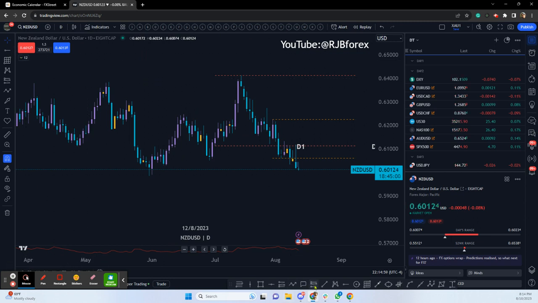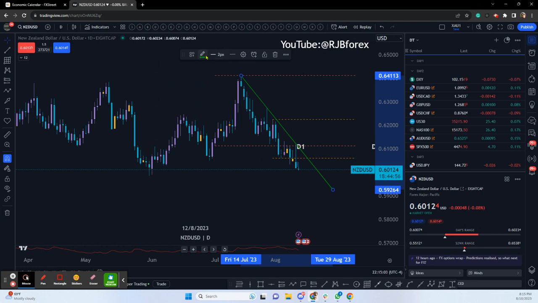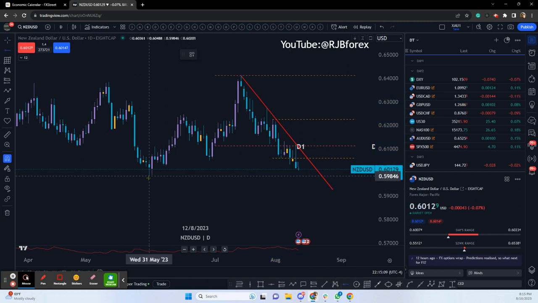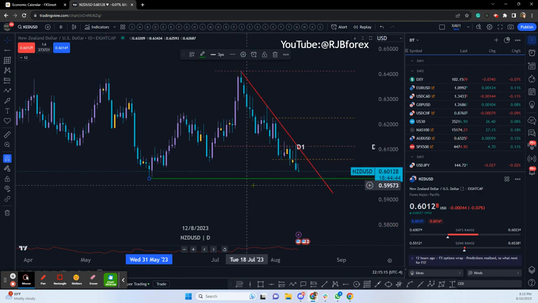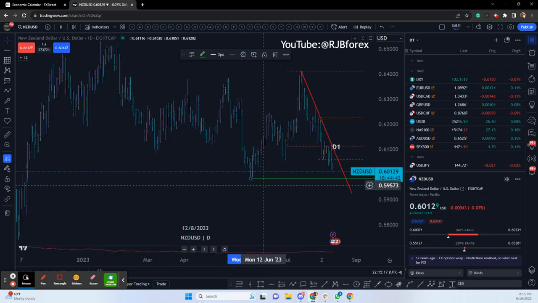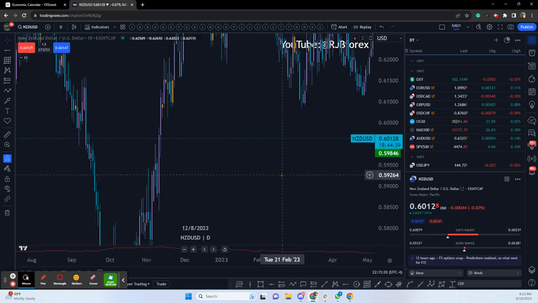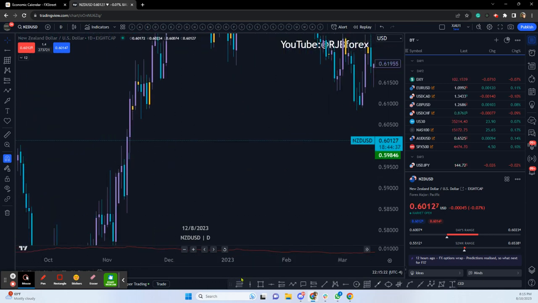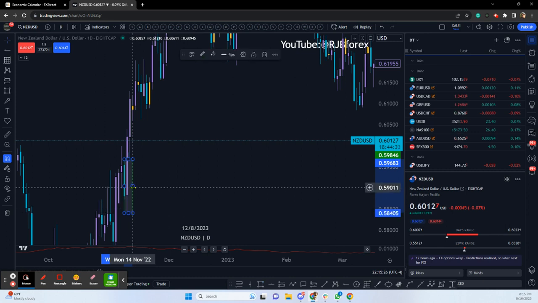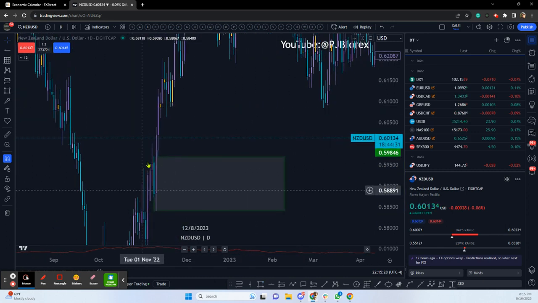And then finally, the New Zealand dollar is bearish trend. It's on day 2 of a continuation. Sights on 59.84 on the downside. And then this over here is a potential demand area.